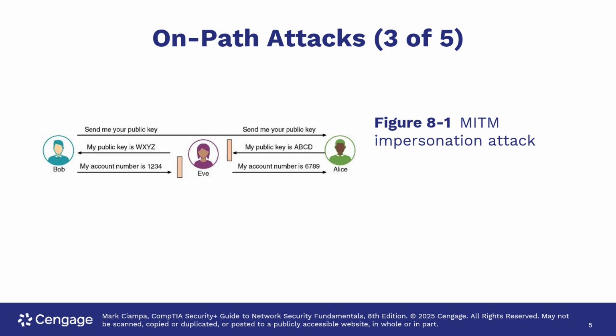Bob sends what he thinks is to Alice, but he's actually sending it to Eve. He says my account number is 1234, and Eve sends to Alice, my account number is 6789. So you can see where now Eve is changing or intercepting the conversation between Bob and Alice.